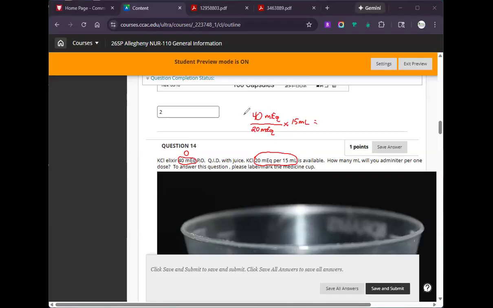So my order over my available times my quantity. This is my available here, this is my quantity here, just so you see where I'm getting these numbers from. And that's going to be 30 ml.